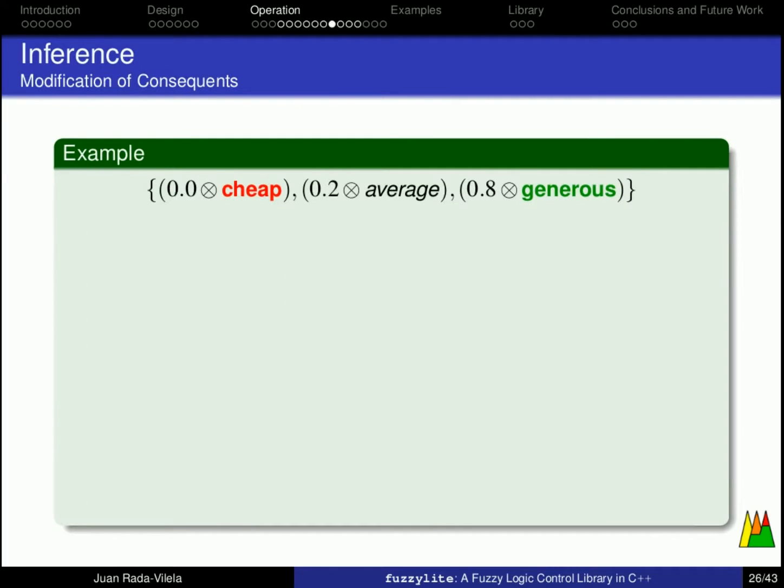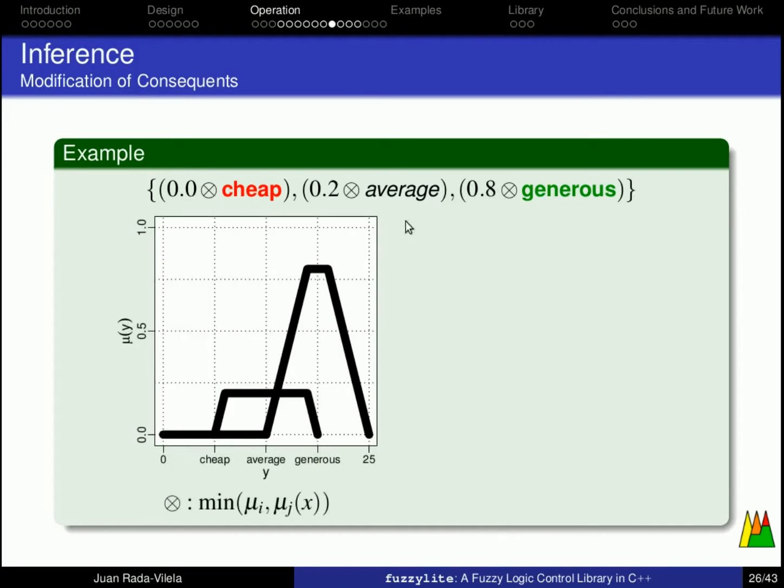Now, if we make it more interesting, say the multiplication of 0.0 cheap, 0.2 times average, and 0.8 times generous, we will get the following, provided that we define the fuzzy multiplication, or the activation operator in this case, as the minimum between any two possible values. So we say 0.0 times cheap, the minimum will be 0 all throughout.